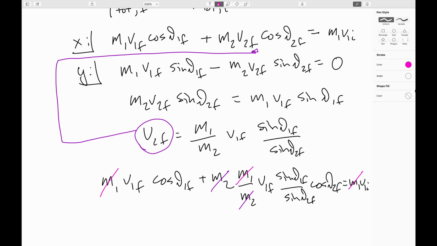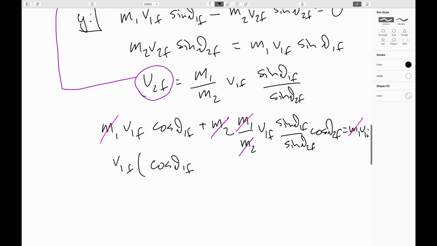So now we can go ahead and collect some terms. There's a v1 final in both of these. Since we're solving for it, we need to group it out. So we pull out a v1 final. This term gives me a cosine theta 1 final. All right, this is still a bit of a mess here, but we can clean it up very slightly. I'm going to write this sine theta 1 final here. But then here I'll have a cosine theta 2 final in the numerator and a sine theta 2 final in the denominator.